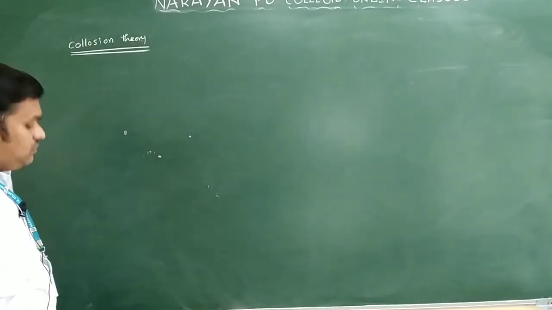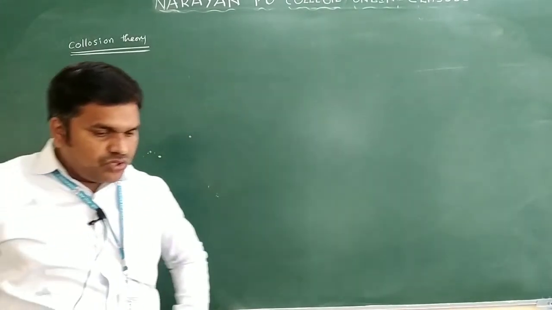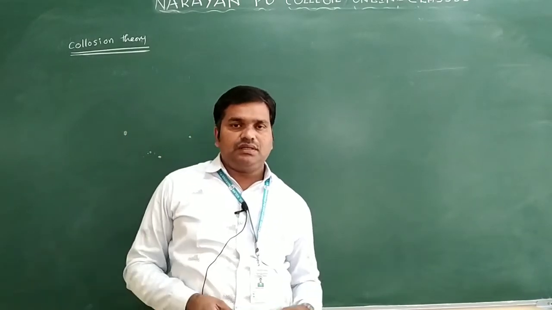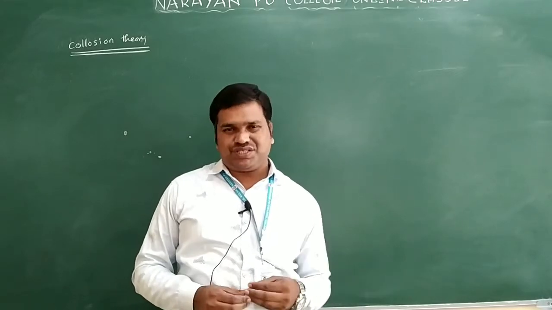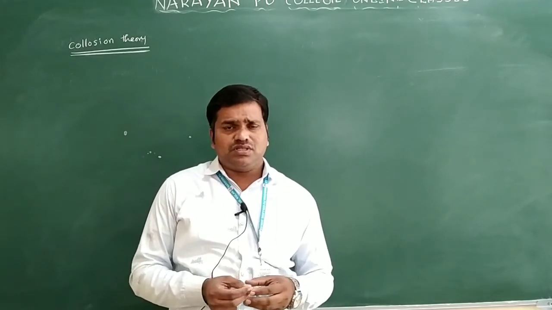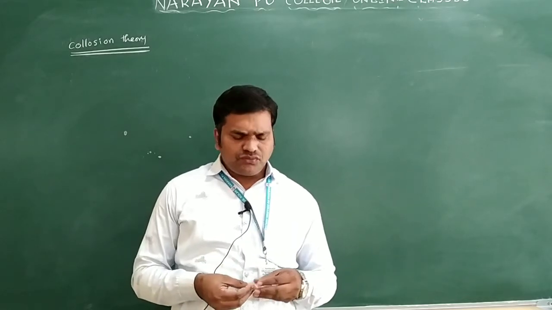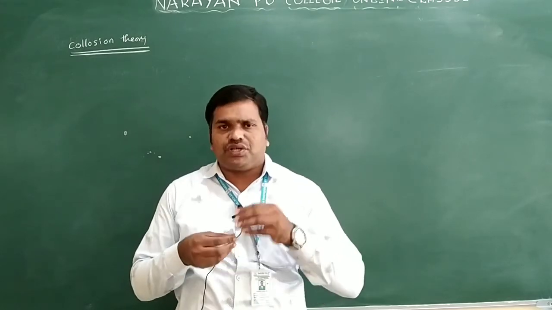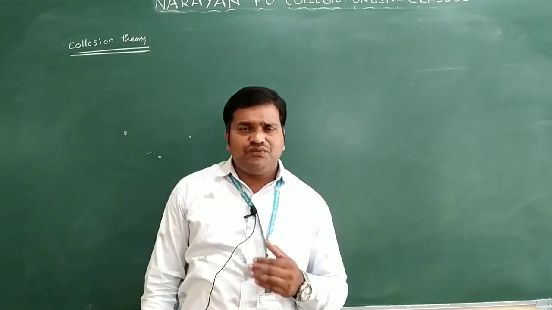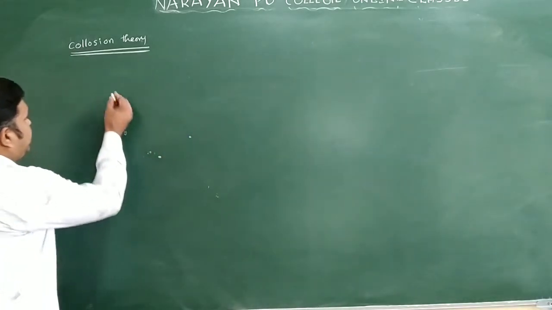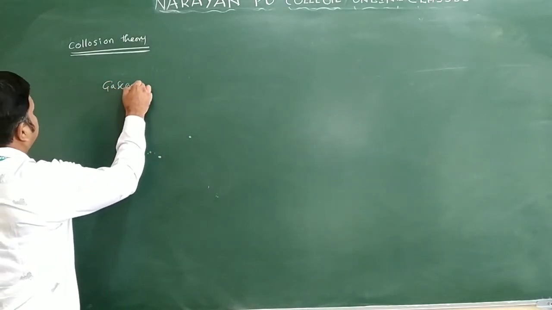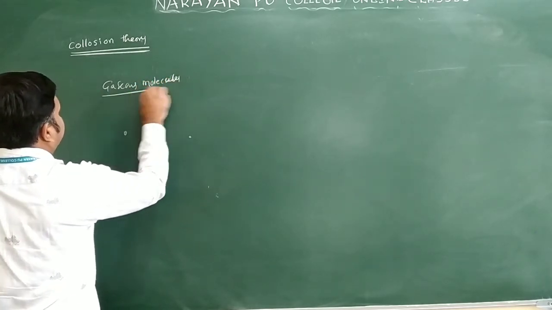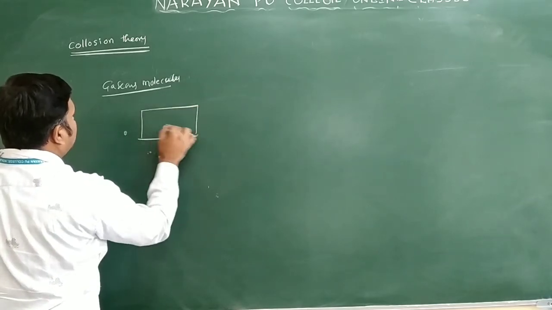So the next concept we have is collision theory. Whenever reactant molecules participate in a chemical reaction, before that the reactant molecules undergo some collisions. This means the reactant molecules collide with each other, and then there is a chance to form a product. Generally, if you take a gaseous molecule, suppose there is one container with gaseous molecules.